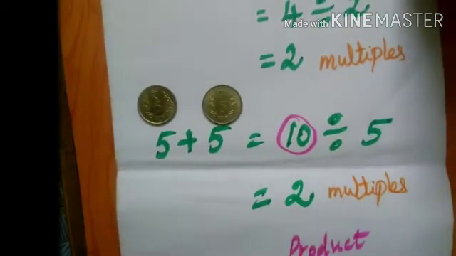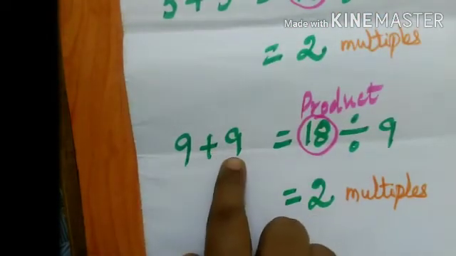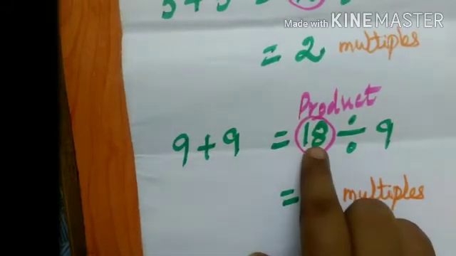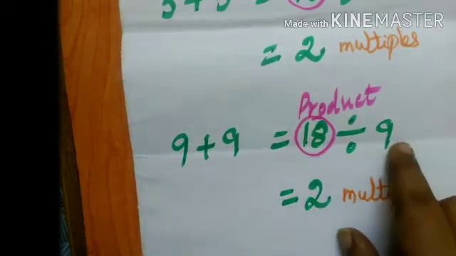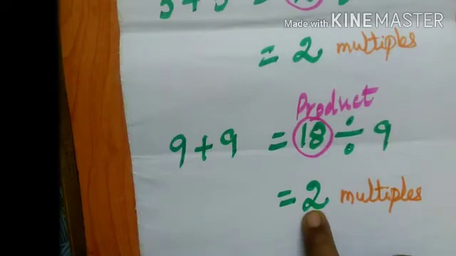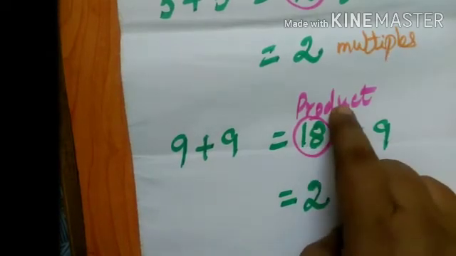Then the next one in your book exercise is given for the number 9. 9 plus 9 equals 18. So divide by the 9 table. How many times does 9 come in 18? 2 times. So this is a multiple. This 18 is a product.